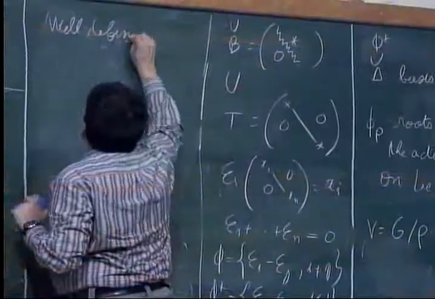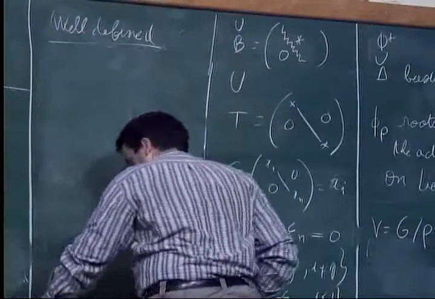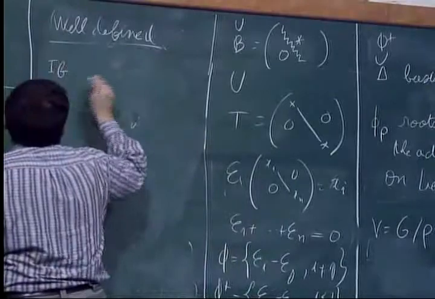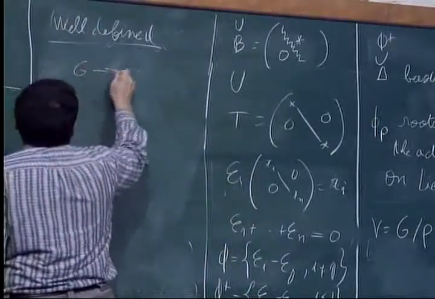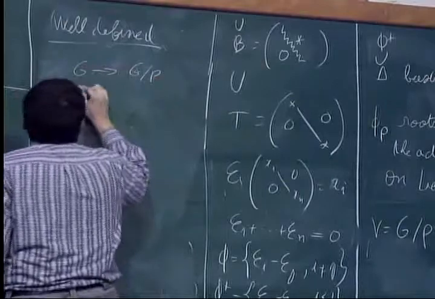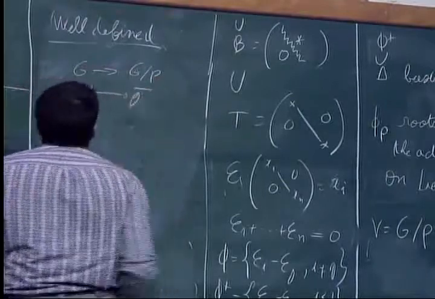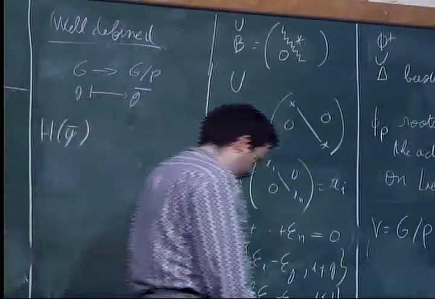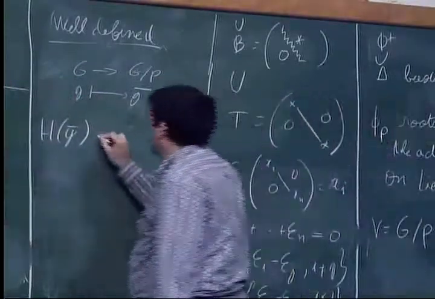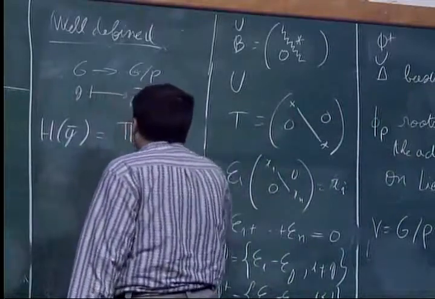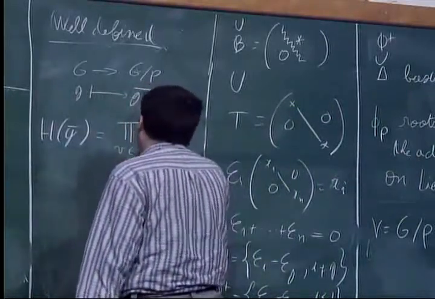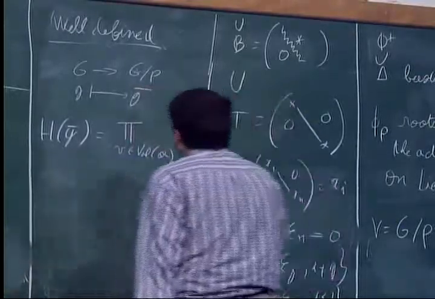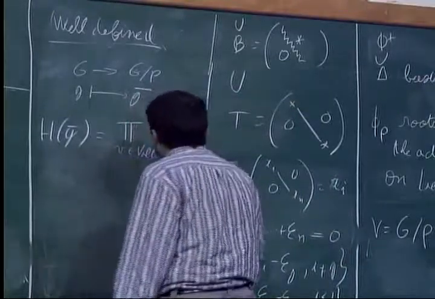I'm using more time than I thought. Well defined. And then, I have a map from G to G over P, which sends an element g onto its class, and I take the height of g bar to be the product over all places of the norm of g at v.